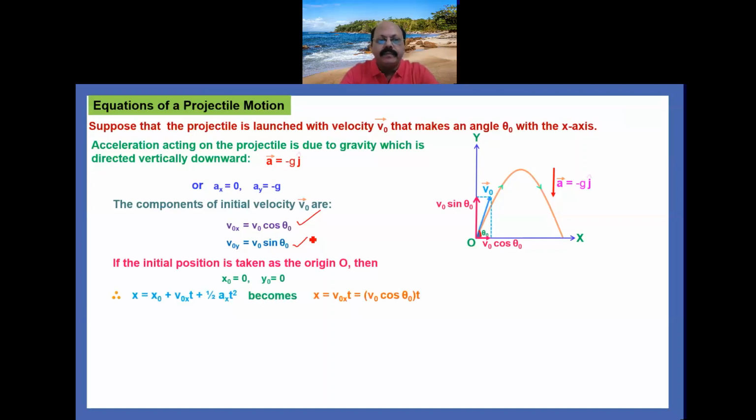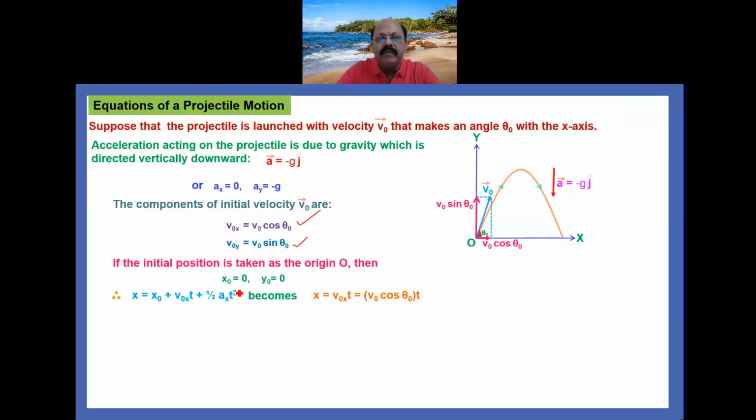Therefore, we apply the kinematic equations. So x equal to x naught plus v0x t plus half a_x t square. Since the acceleration along the horizontal axis, that is along the x-axis, is 0, therefore a_x equal to 0, and this expression becomes x equal to 0 plus v0x t plus half into 0 into t square.